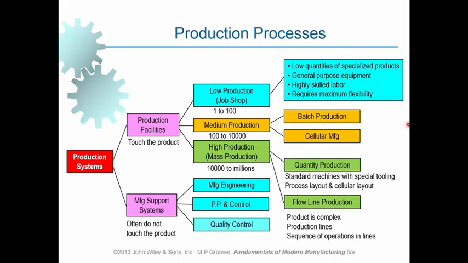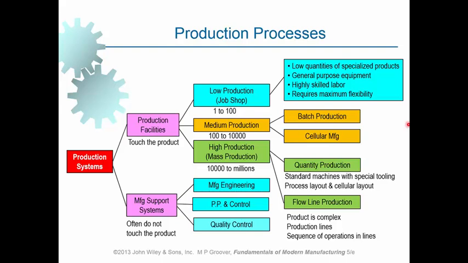We set the machine up, it may take 1 hour, 1.5 hours or whatever, and then we produce a large number of parts. So the setup time for each part will be the total setup time divided by the number of parts, which is not the case in low production.